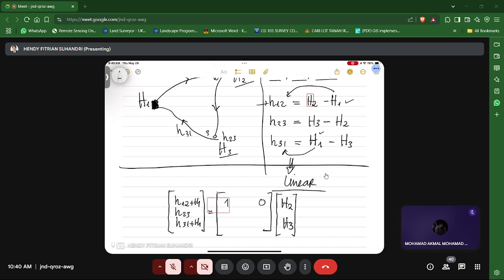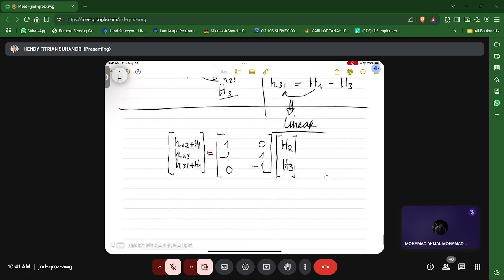But for the H2, we have a negative sign, so this is supposed to be negative 1 and positive 1. And for the third equation, we have only H3, no H2. So we have 0, but it is negative 1.